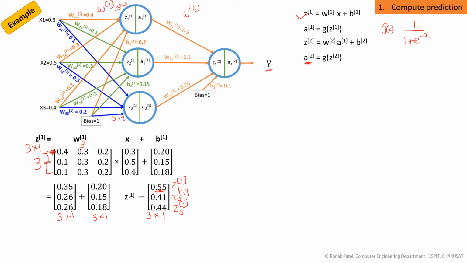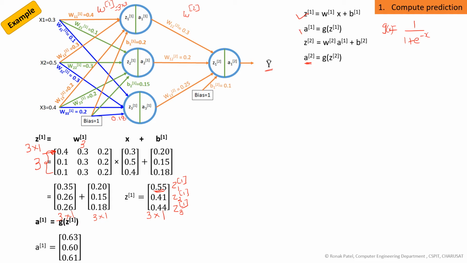If you apply that activation function to each individual value of Z1, g of Z11 gives you 0.63, g of Z21 gives you 0.60, and g of Z31, that is 0.44, gives you 0.61, right? So this is your A1.